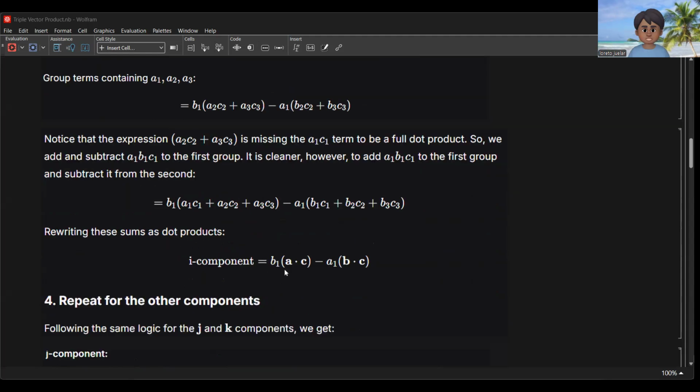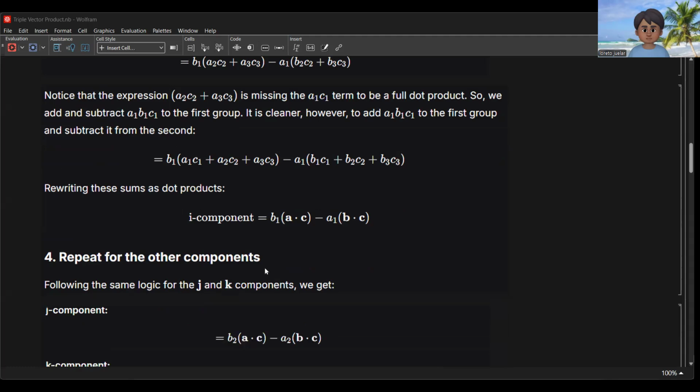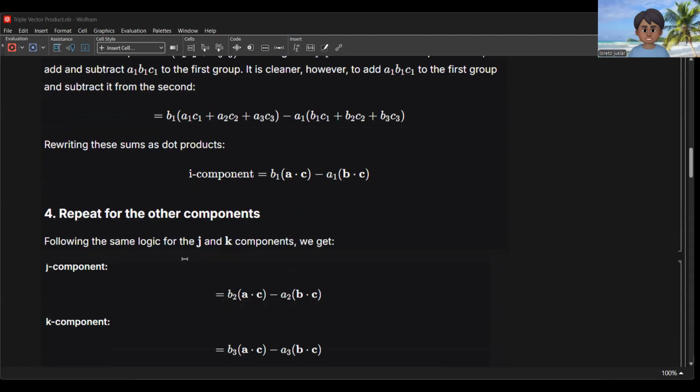So we have the i component as B1 times the dot product of vector A and vector C, and this one is equal to A1 times the dot product of vector B and vector C. Repeat for the other terms, following the same logic for the j and k components.